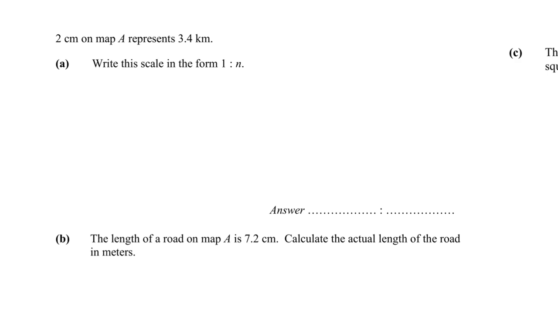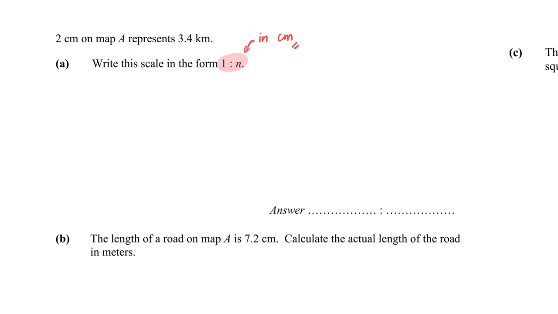Hello everyone, welcome to this part of the video where we are looking at map scale. 2 cm on this map represents 3.4 kilometers. For part A, we will need to write the scale in this form. The very first thing is both must be in centimeters. So let's start.